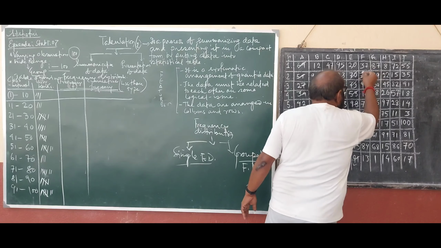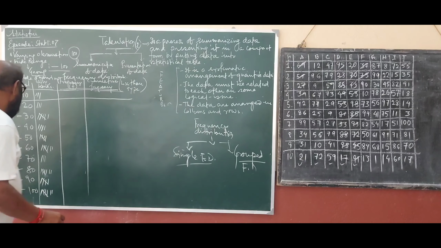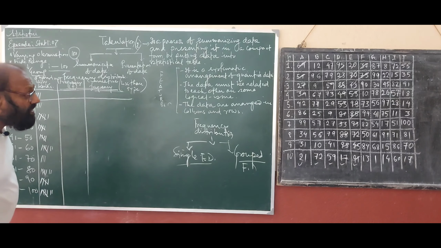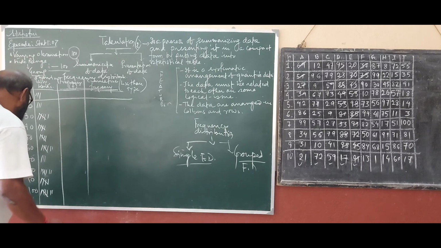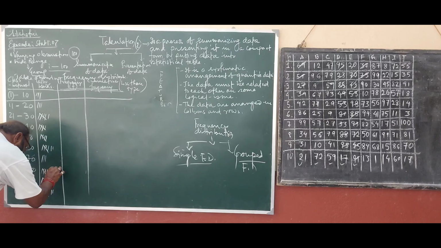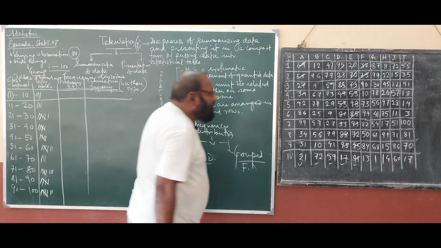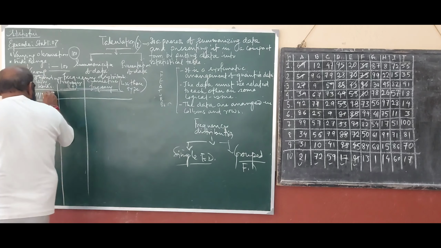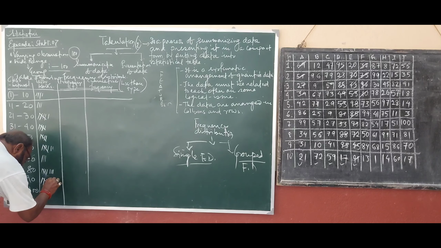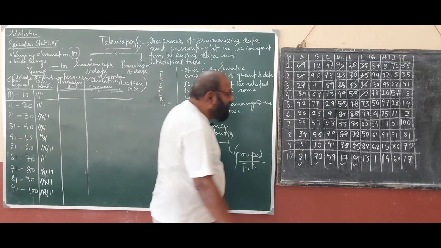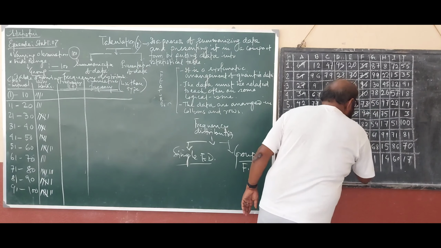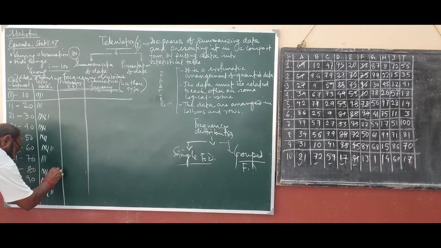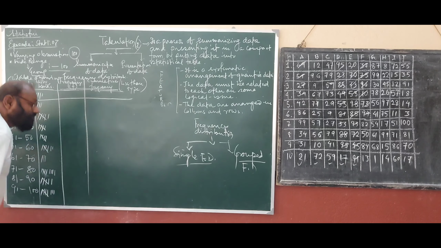Now take 37, 75. 37, I am making the group, and 75 over here. Chalo, nice. 90, 10, nice marks. It is 10, it is 90. Clear? 73, 94. 73 and it is 94.